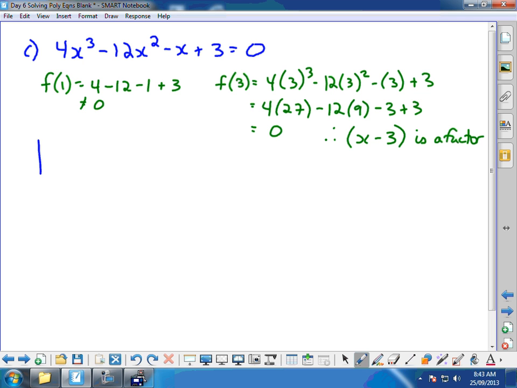So off here, we're going to take the original coefficients, which are 4, negative 12, negative 1, and 3. And we divide by x minus 3, which means when we go synthetic, we need the root, which is just plain old 3. Do our synthetic division.